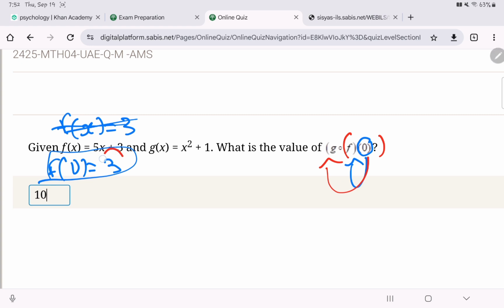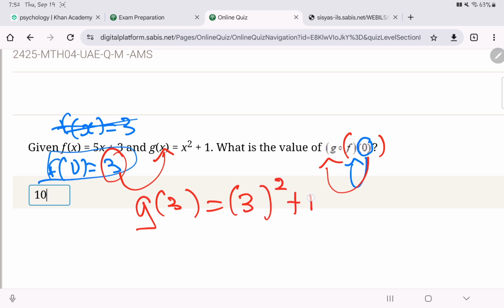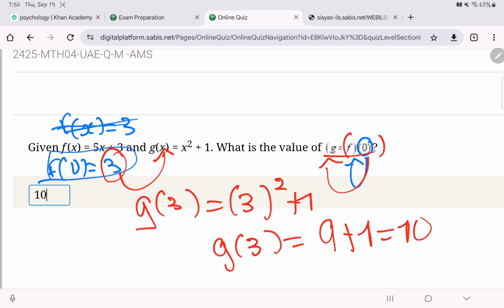So now, instead of the x, we're gonna put 3. And for every x in the equation, we're gonna put 3. So that's gonna be 3 squared plus 1. So g(3) is equal to 9 plus 1, which is then 10. So the value of this is 10.